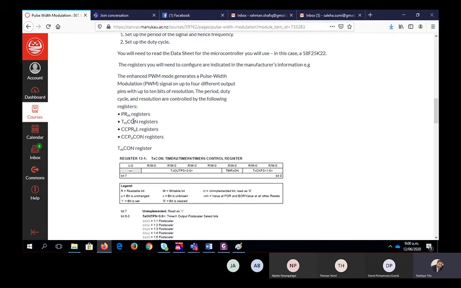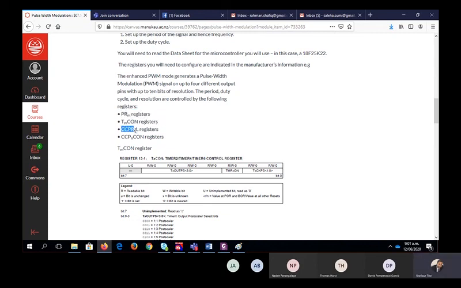If it is period 4, then it should be T4. So this one is fixed, but you are flexible. You can use any of the timers. There are 6 or 7 timers available for our microcontroller. We can use 1, 3, 5 and 2, 4, 6. So these timers can be used.